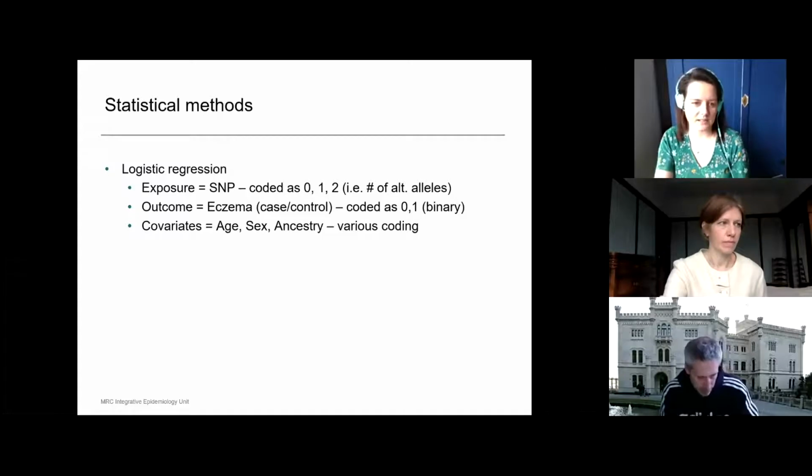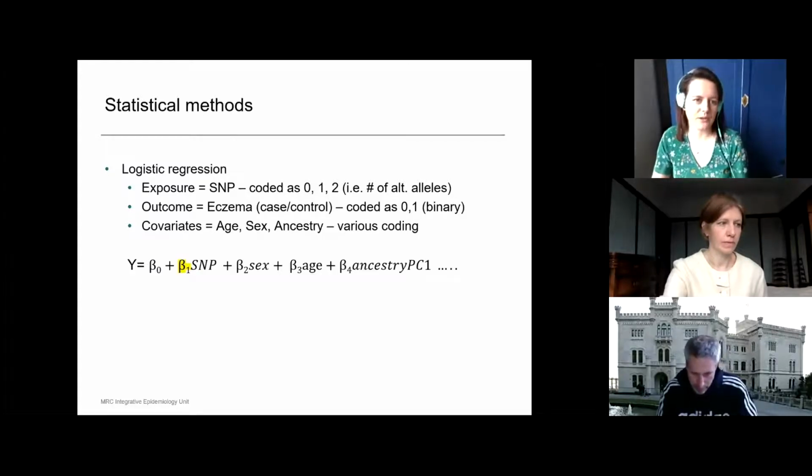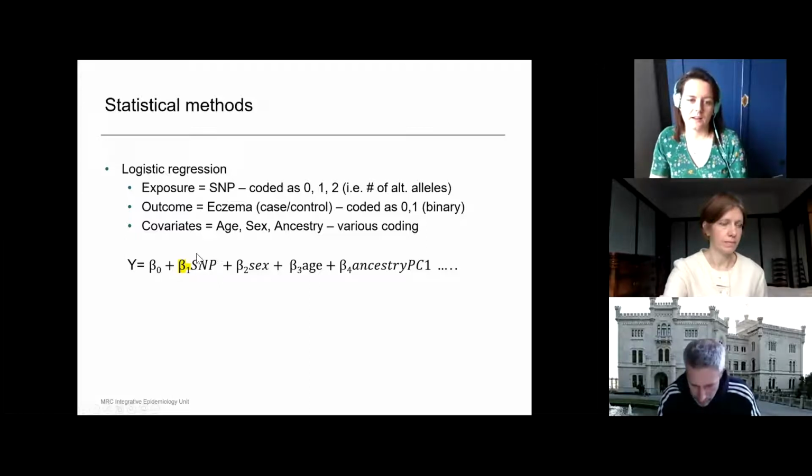And if you're interested in what the regression equation might look like, we're running a logistic regression equation with potentially quite a few covariates, but it's the regression coefficient for the SNP term in that equation that we're testing.